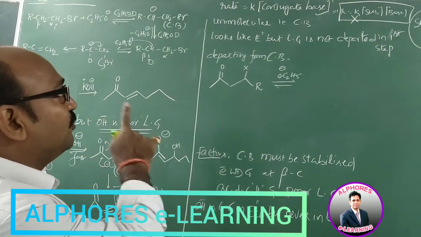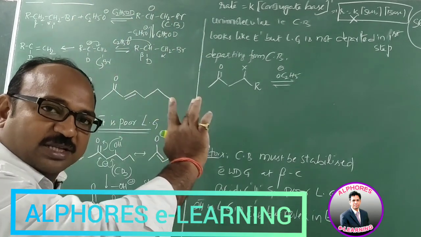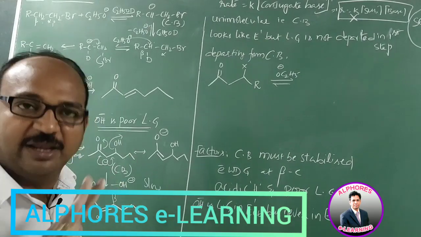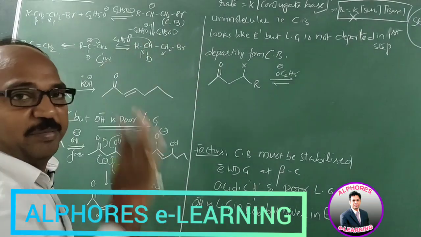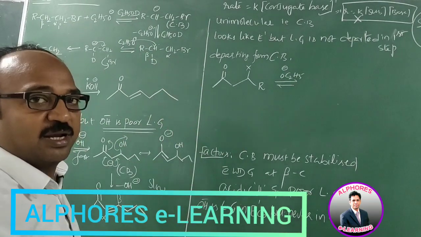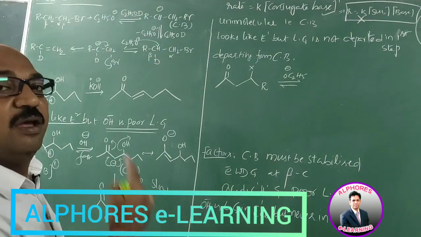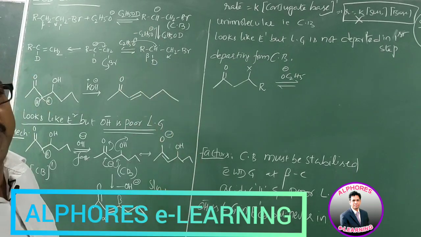No. Rate is equal to K into conjugate base concentration only. The rate law depends only upon the concentration of conjugate base. How you get that conjugate base is not the criterion; either way you may get it, but one of the ways here is the base. So with an increase in base concentration, obviously conjugate base concentration increases. That's why the rate of reaction depends upon the concentration of base also. We will discuss this a little later.